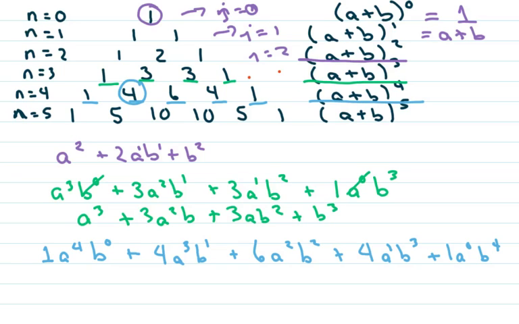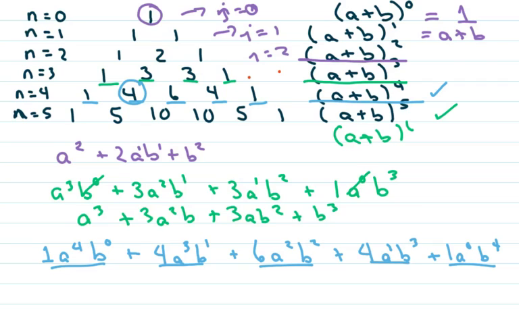So what we want to do is look and see how many terms we have. On this a plus b to the 4th, I have 1, 2, 3, 4, 5 terms. For a plus b to the 5th power, I have 6 terms. That's going to be important when we do expansions. If we had a plus b to the 6th, that would be 7 terms we'd be writing out.